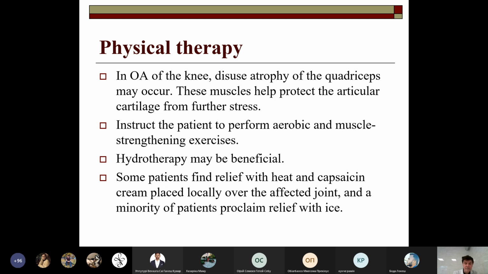In osteoarthritis of the knee, diffuse atrophy of the quadriceps may occur, and this muscle helps protect the articular cartilage from further stress.